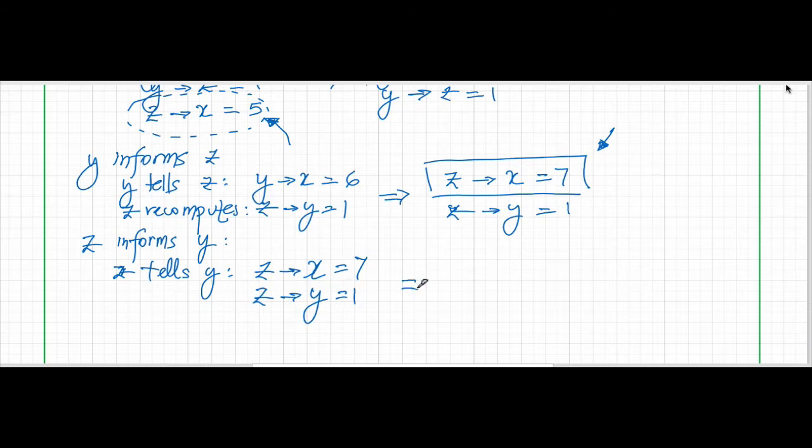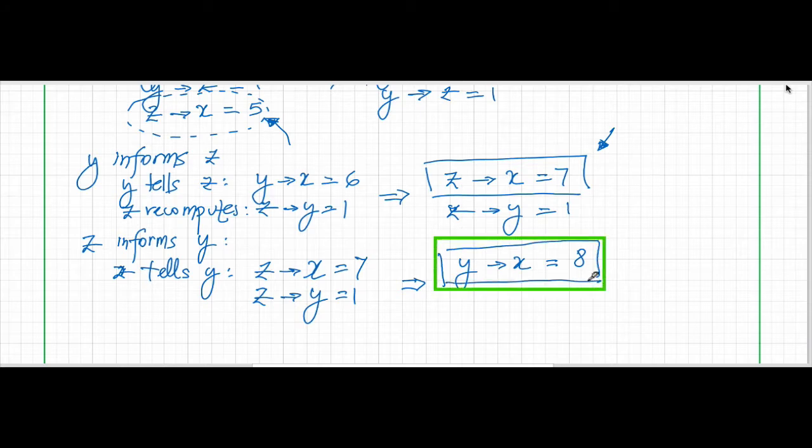And now what's going to happen is that Y thinks that it can reach X at a cost of 7 plus 1, or 8, because Z just informed it that it can reach X at 7. Then Y thinks that since Z is 1 hop away, the cost of going from Y to Z is not 7 anymore, but 8.